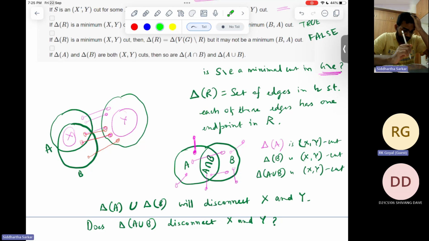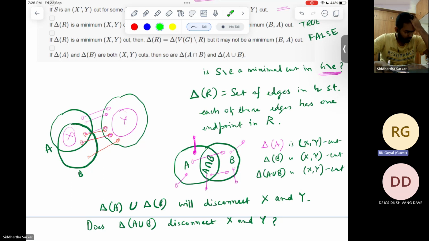Yeah, after this discussion, I have this doubt that the elements of delta of A and the elements of delta of B would be the same, because they are cuts and not minimal cuts.